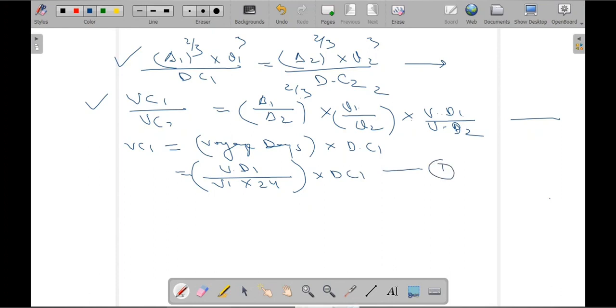Similarly, if I have another voyage which I am doing with V2 speed and I have voyage distance 2, I can say voyage consumption 2 is equal to voyage distance 2 divided by V2, because I am doing it at the speed of V2, divided by 24, close the bracket, multiplied by DC2. DC2 is a daily consumption when the vessel is proceeding at V2 speed. This is 2.